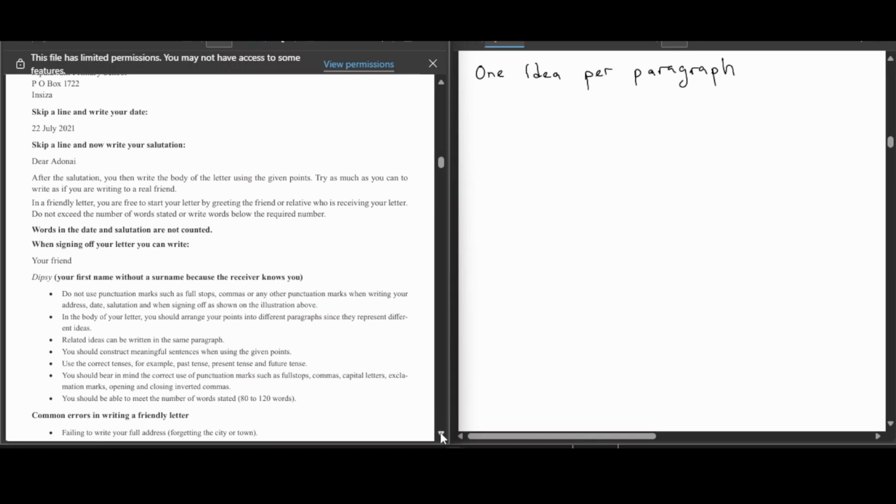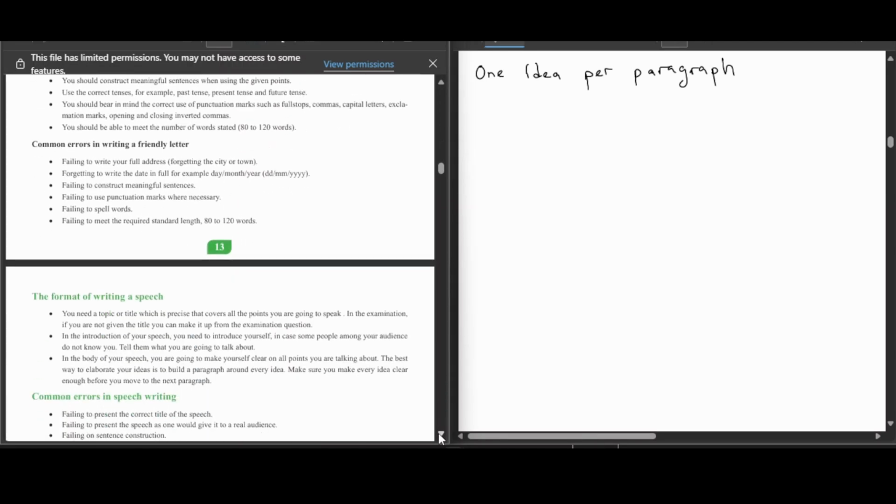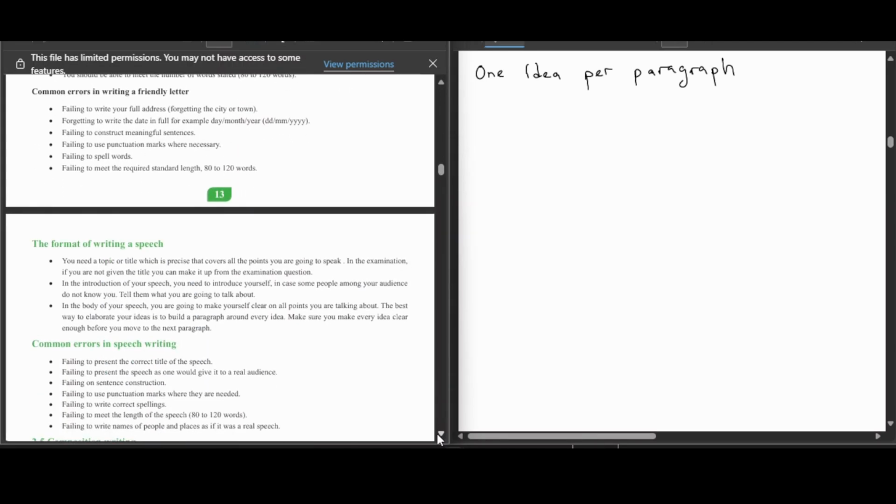Common errors when writing a friendly letter. Let us look at these common errors. When writing a friendly letter, failing to write your full address, forgetting the city or town. Make sure your address is full, should include the city or the town. Forgetting to write the date in full, for example, the day, month, and year. What is the day?